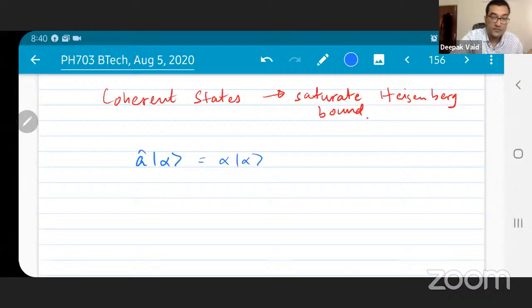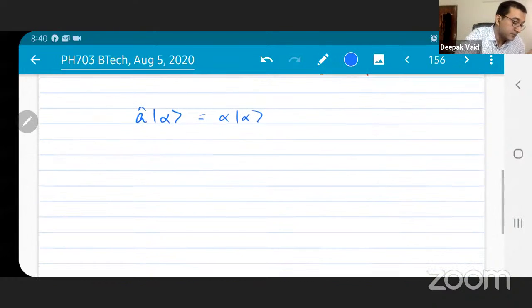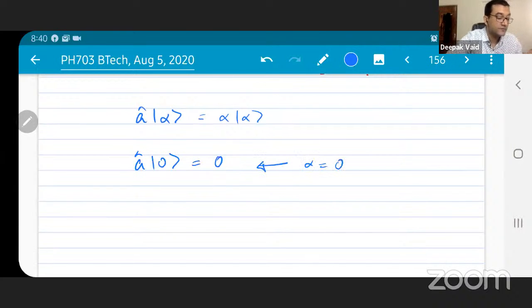So here alpha is some parameter, right? And we will see in a minute what the eigenvalues are. Okay. So the simplest solution that we already know of is the ground state. So here alpha is 0.